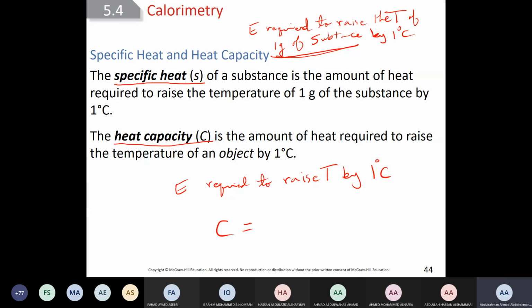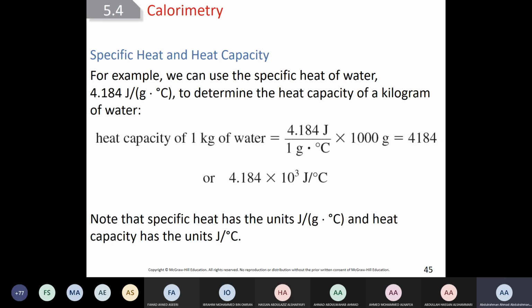C is actually equal to M times S. Clear? C is mass times S, which is specific heat, and the unit will be per degree C.